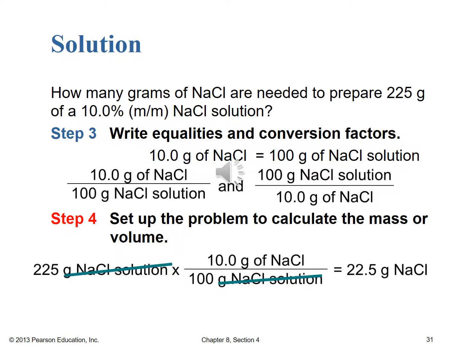In step number 4, when we set up the problem to calculate that mass, we'll see that we need to have the 10.0 grams of NaCl in the numerator and the 100 grams of NaCl solution in the denominator, so that we can cancel the grams of NaCl solution and ultimately find that we need 22.5 grams of NaCl in order to make that solution.